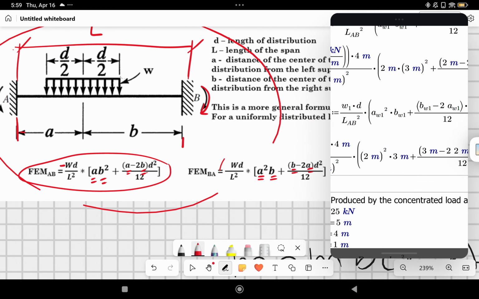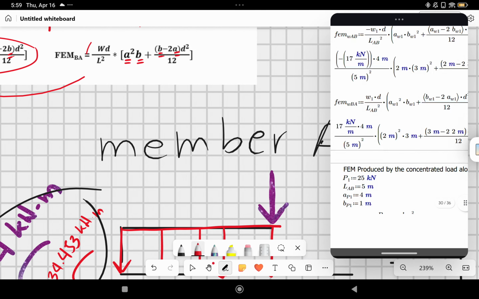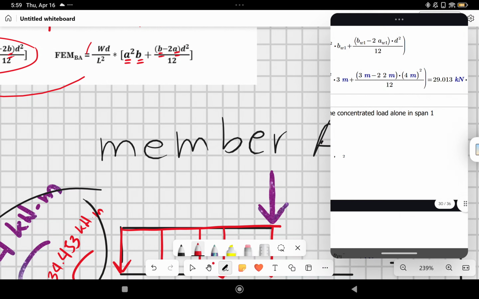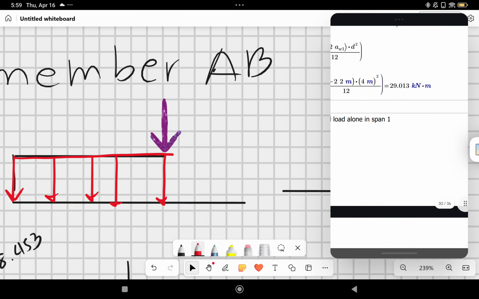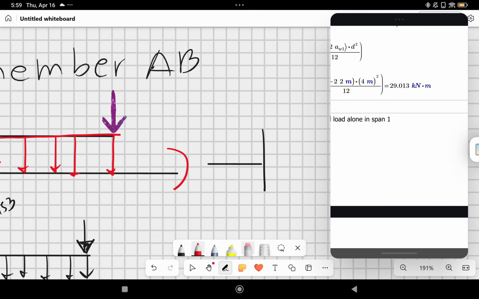Nagpalit lang sila ng pwesto. Okay, so compute lang natin. Na-compute na siya din dito. So, that is 29.013.